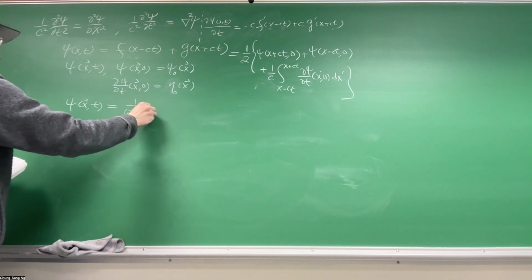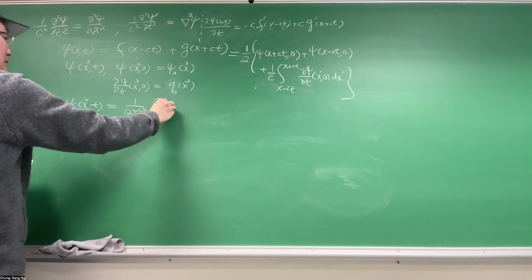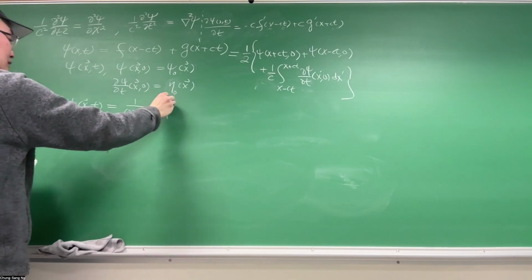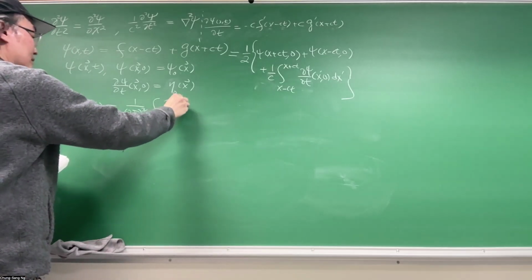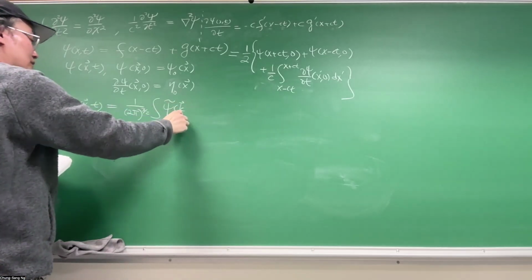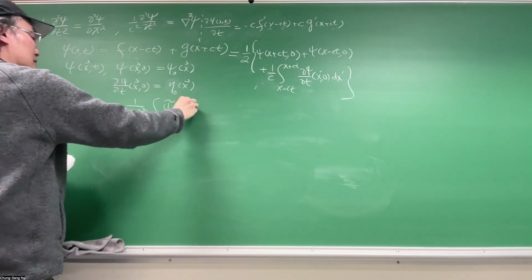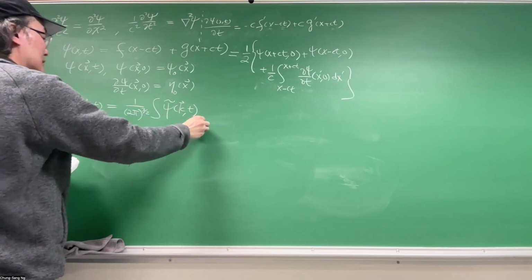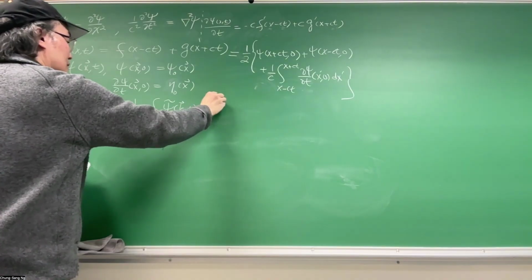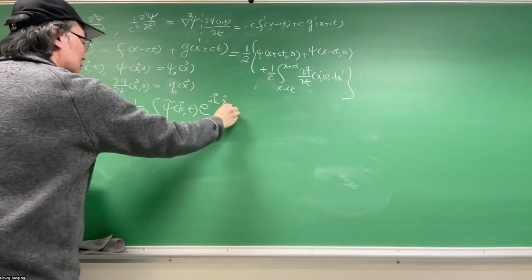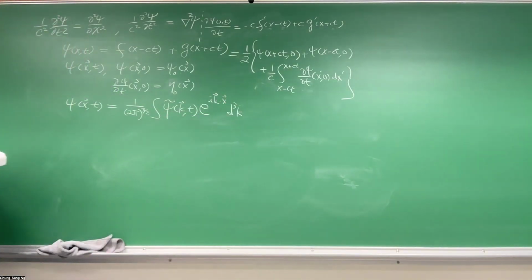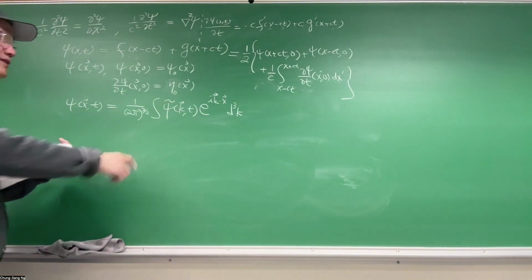We have this. Given another symbol for the Fourier transform, you can use the wave vector k as your transform variable, e to the i k dot x. Okay, right? That's how we learned the Fourier transform, right?